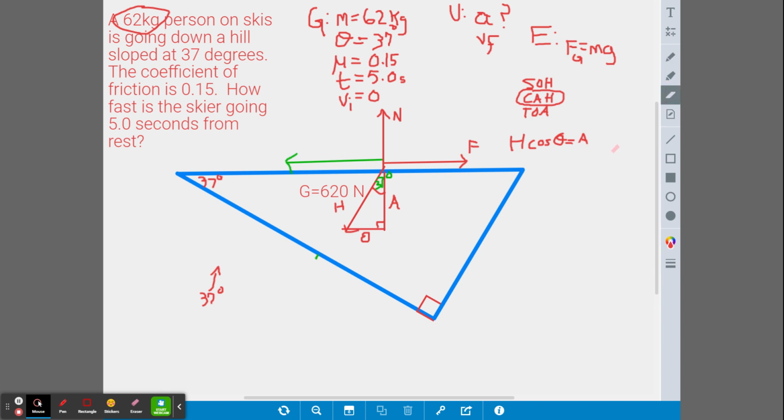So I'm going to erase the H. This is all the hypotenuse, and the hypotenuse happens to be gravity, right?